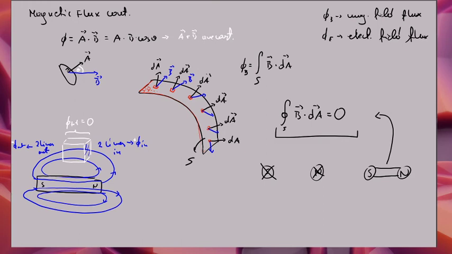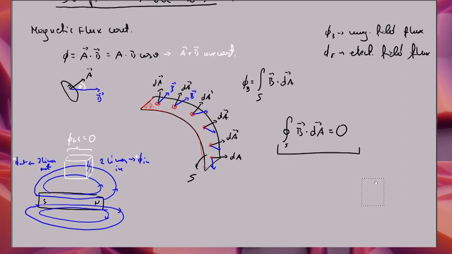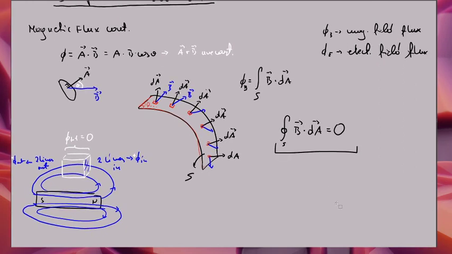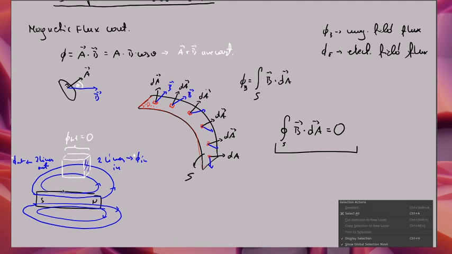Now this equation has a name. It's called Gauss's law for magnetic fields. Let's clean this up a little.